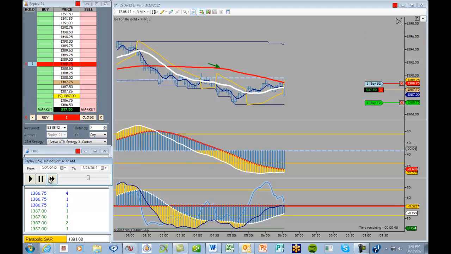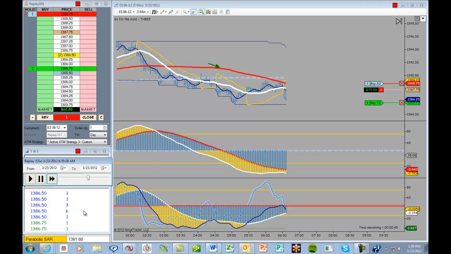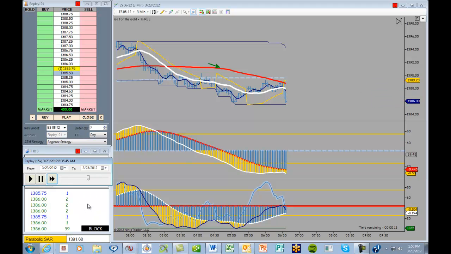Well, we flip the parabolic. There we go. I've got the stochastic set so that it should oscillate back and forth between the overbought and oversold zones. Occasionally it will ricochet off of that midline.